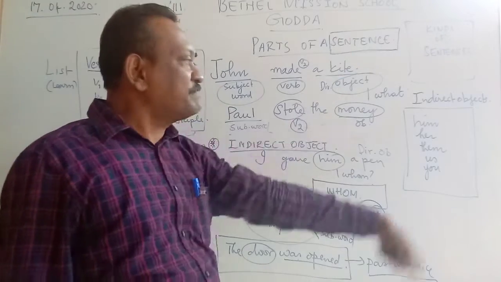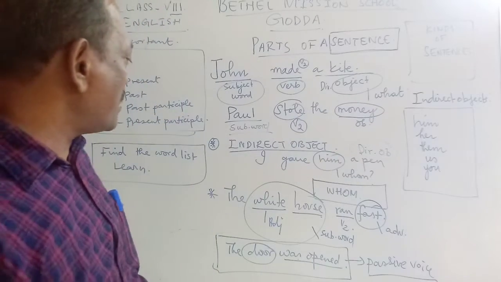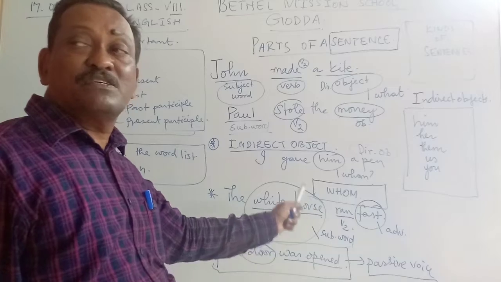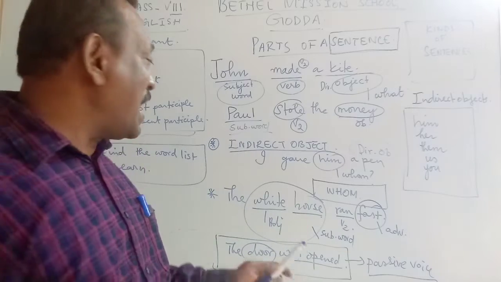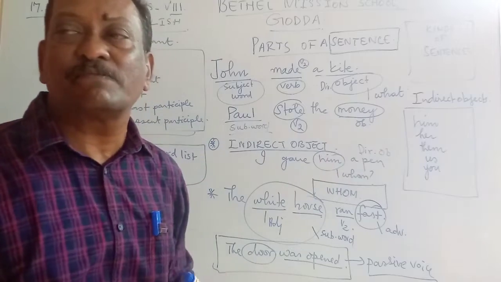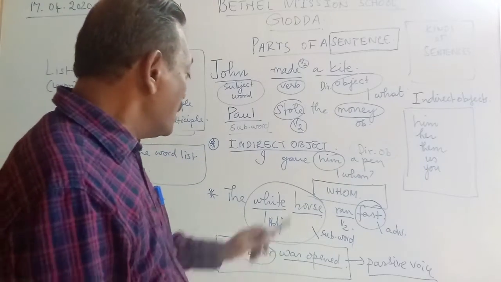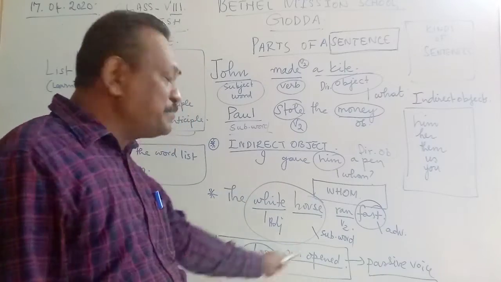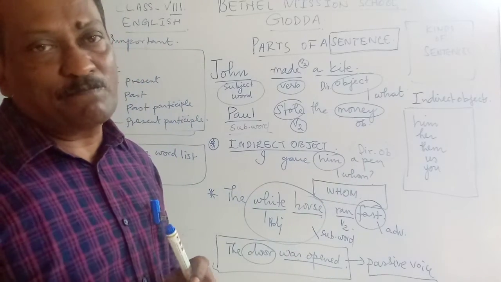I have given you the list of indirect objects. You can see that over there. And then finally, sometimes the subject word will also have an adjective, like the white horse ran fast. I gave you some examples as well. Sometimes sentences may be written in the passive form, but again the head word will always be found there.